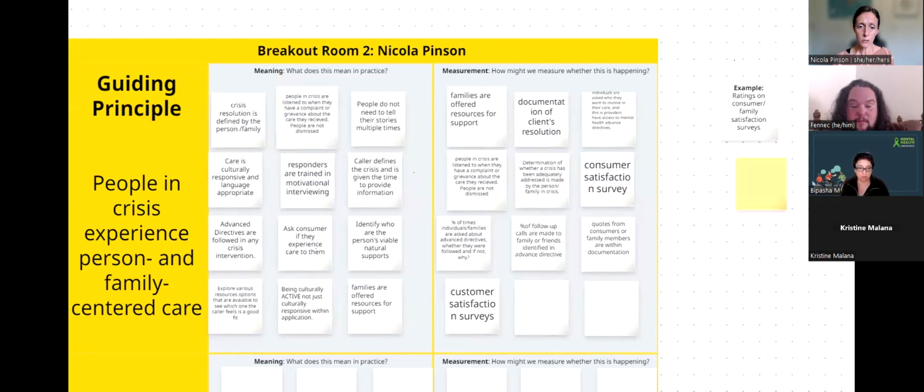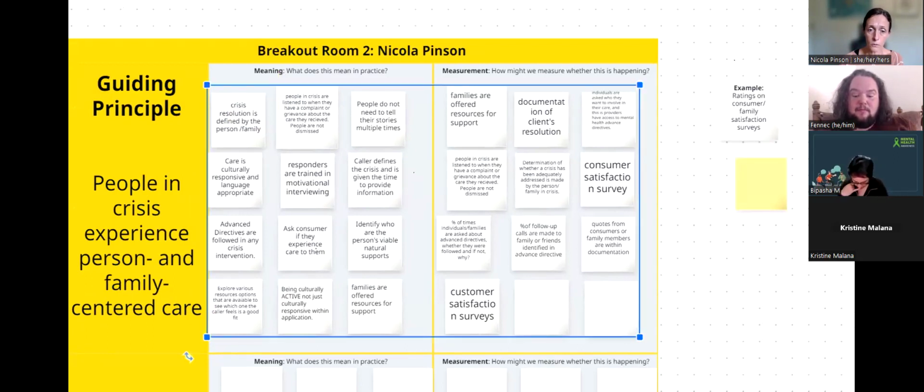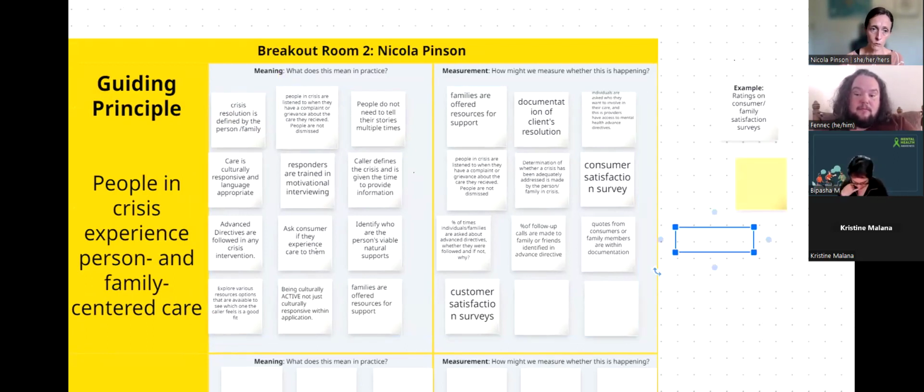Okay, in terms of measurement, ideas that everyone had are, families are offered resources and support. I think that would be over in the meaning group. A measurement idea would be documentation of client's resolution.